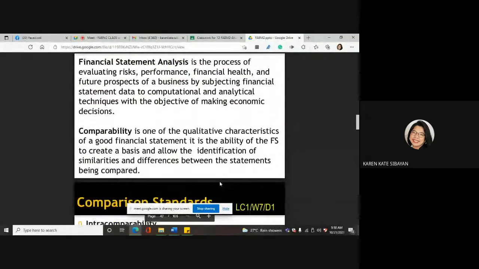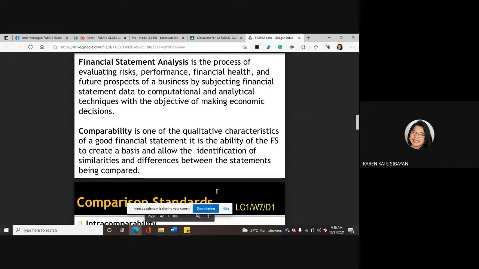So, it is important to know your cash flow kasi it will determine whether you still have cash to operate the business. Kasi minsan kala mo lugi ka na, pero kung titingnan mo, marami naman pala ikaw inventory.